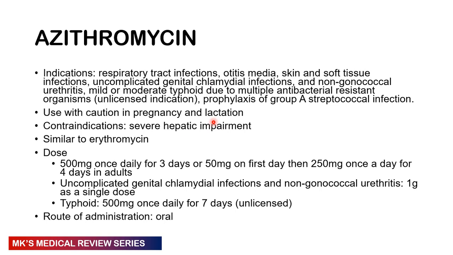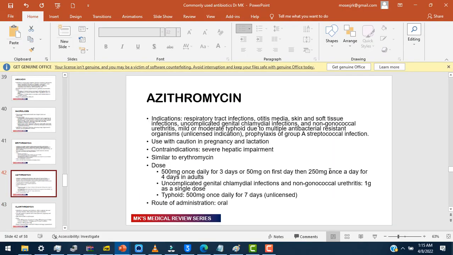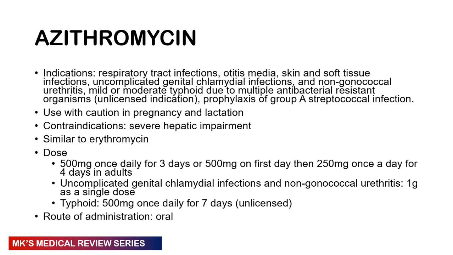Then of course it has a similar profile to erythromycin. The dose is 500 milligrams on the first day, then 250 milligrams once a day for 4 days in adults.